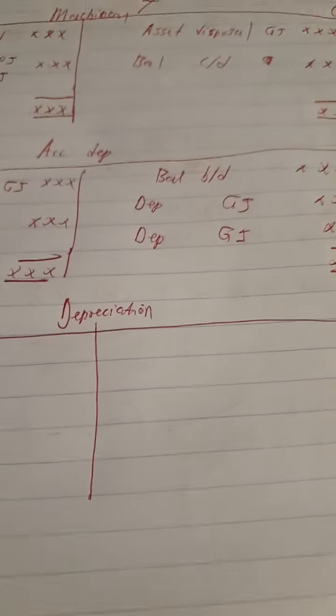We are done. So then next is the depreciation account. This is depreciation. Then this side is always the debit side, and this side is always the credit side. So how are we going to do it? It's not difficult.